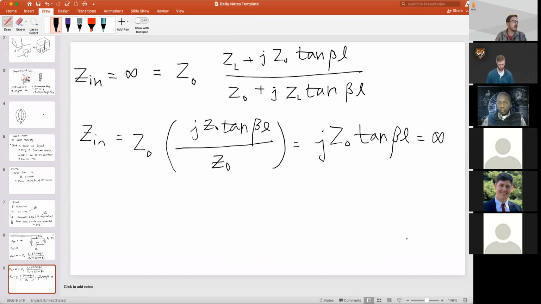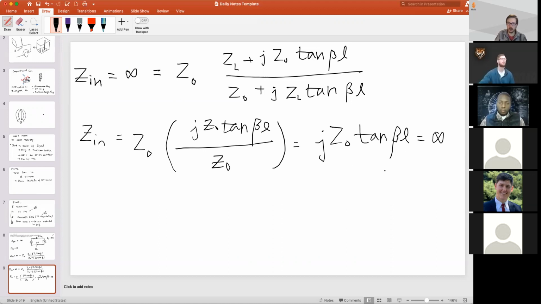Did any of you get this? Yes. All right, so now the question is, what length will give this appearance of infinity?